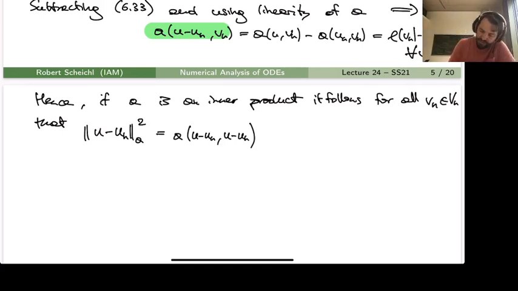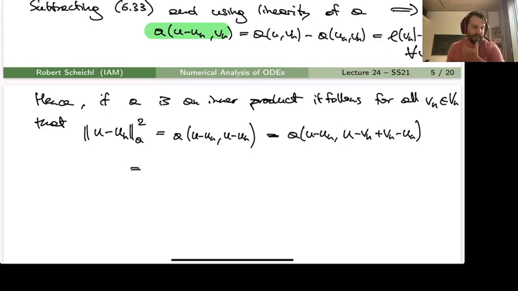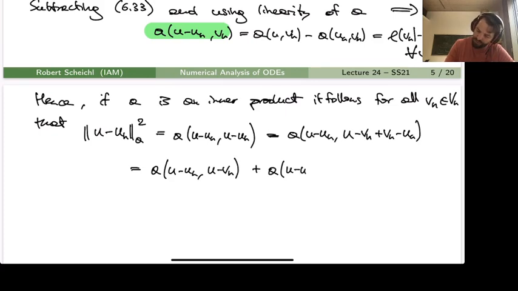Now we can add and subtract v_h. So u minus v_h plus v_h minus u_h, and use linearity to get a(u minus u_h, u minus v_h) plus a(u minus u_h, v_h minus u_h).